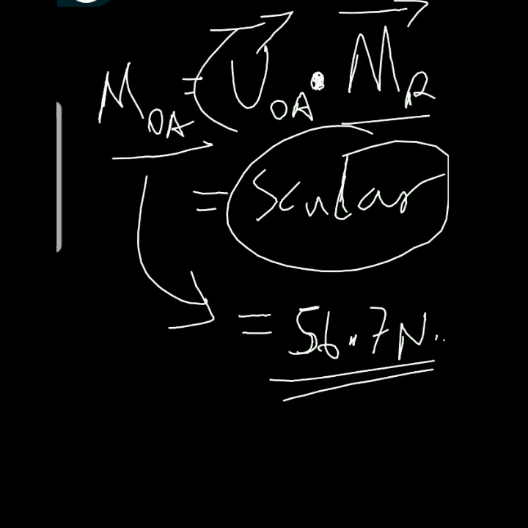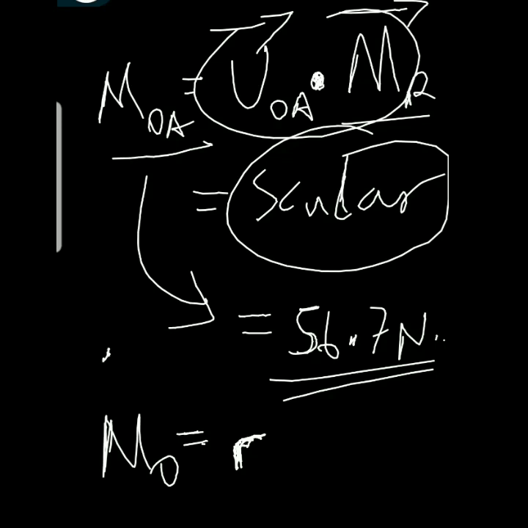Remember not to confuse dot products with the cross product. We normally use the cross product when trying to determine a moment about a particular point. For example, if we are given a force and trying to determine the moment about a point O, we make use of the position vector from the point.